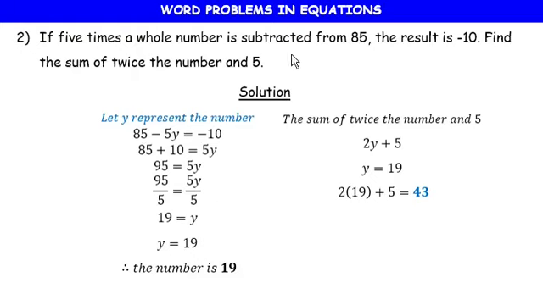And then you go through the rest of the statement and try to reduce them into mathematical expressions. So in the end, you realize that you are going to get a linear equation, right? So that is simply how to work with word problems.